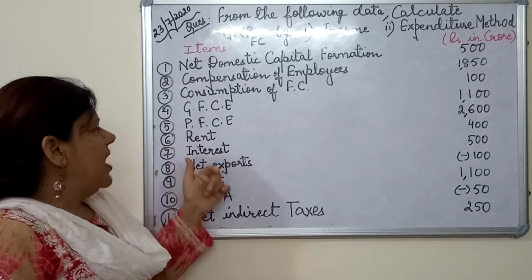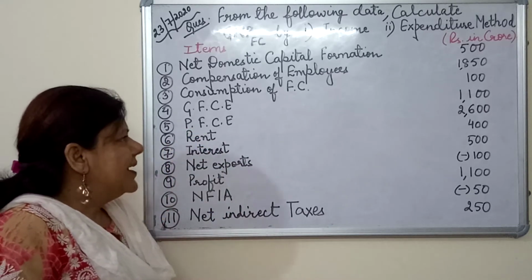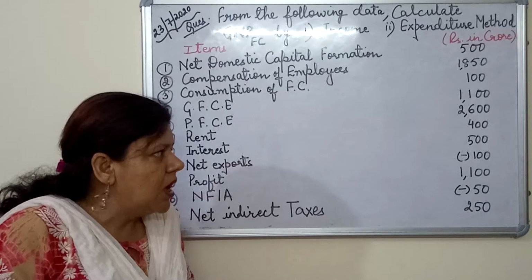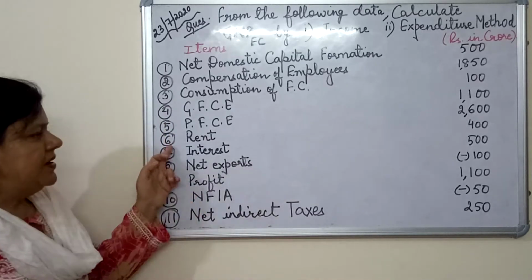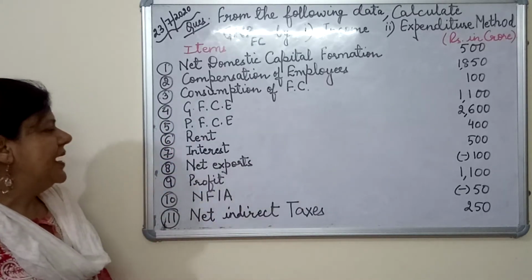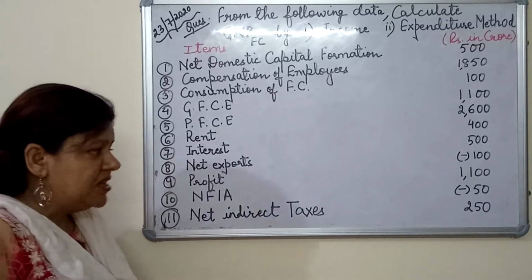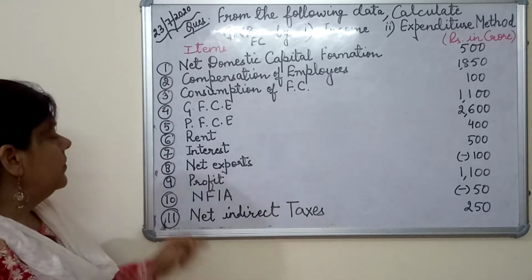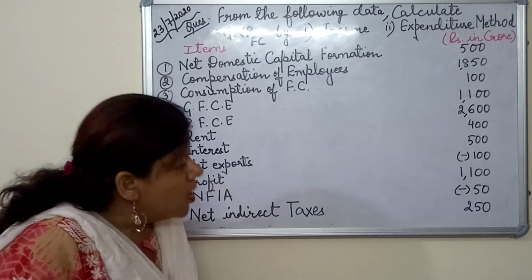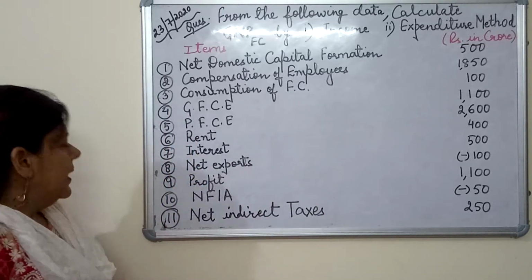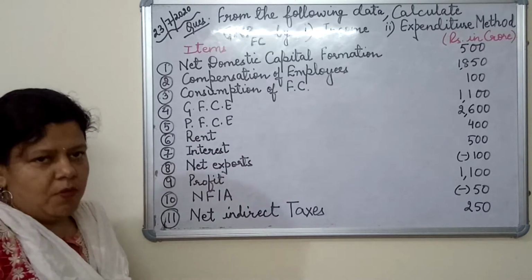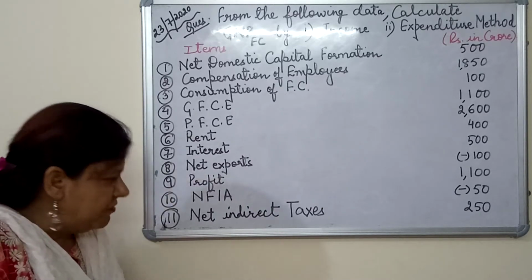Next, private final consumption expenditure is given as 2600. Rent is 400 crores. Interest is 500 crores. Net export is -100. Profit is 1100. Net factor income from abroad is -50.